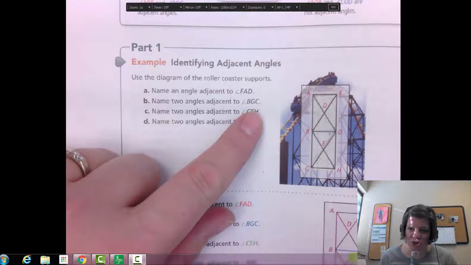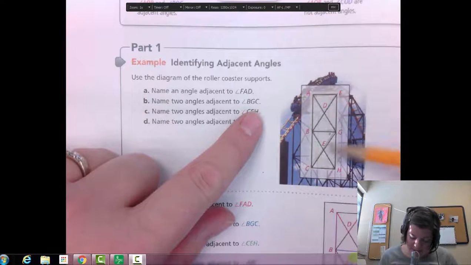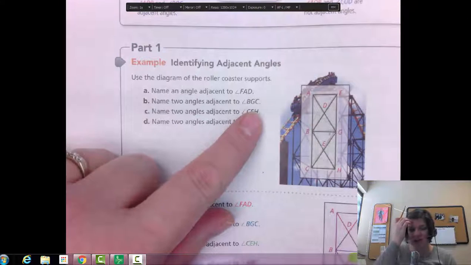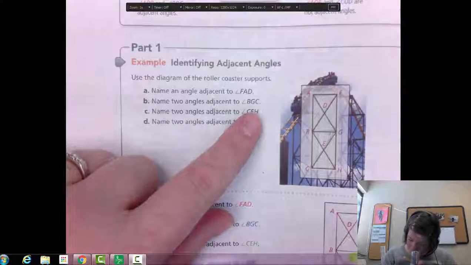So they want you to see there's two that are. How could I call this one out? I would say DGB. Better have the same center one. And this one over here would be EGH. And then we have this one, and this one. Well, not all adjacent. These two are adjacent to this one.